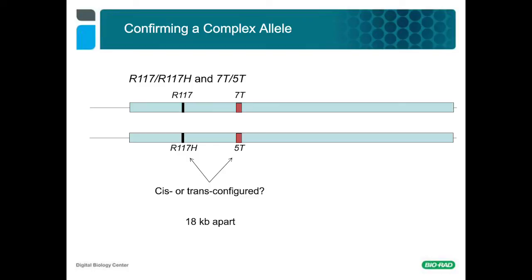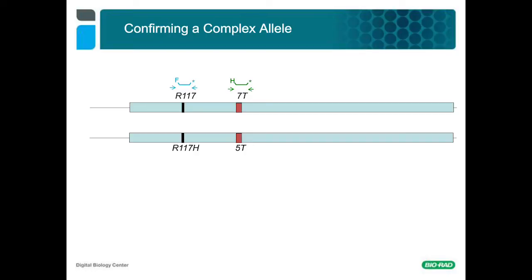In order to confirm the haplotype of this locus, 4 unique duplex assays should be assembled to cover all possible combinations. In this illustration, the first duplex assay is specific to the arginine residue at the 117 locus and the 7T allele.